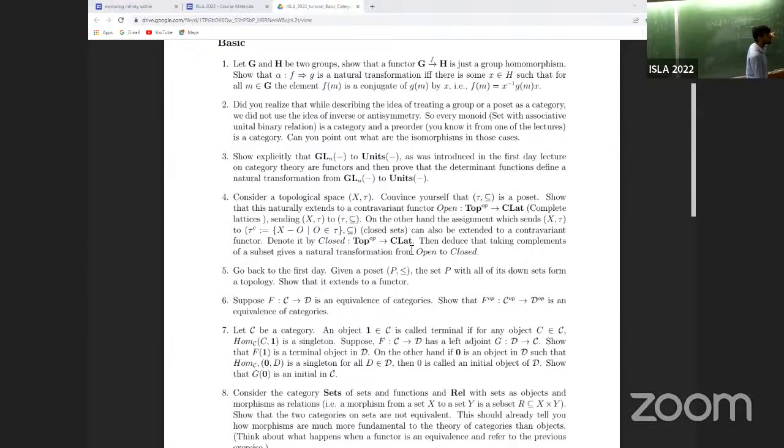What is G that we cannot control? There could be multiple G's, but the fact is that any two such G's will be naturally isomorphic to each other, which means there exists a natural isomorphism between them. Okay, that makes sense.